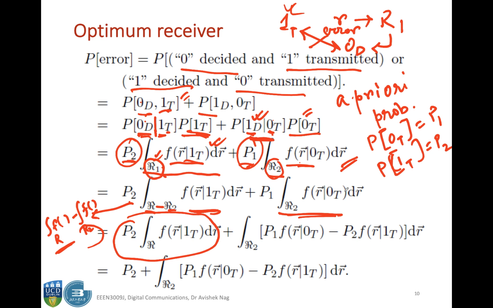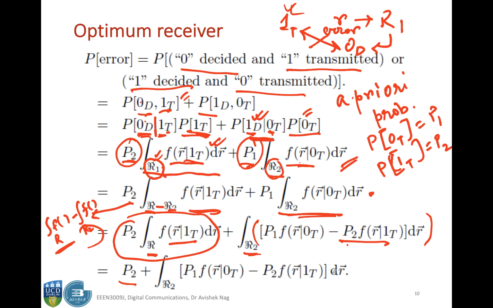So this integral minus this integral, and then everything is taken together over R2. Now this integral is over the entire observation space, so if you are integrating this PDF over the entire observation space, it will give you 1. So this entire integral will be P2 times 1, that is just P2, plus this one which is as it is.